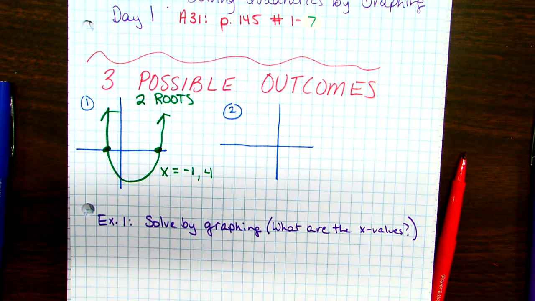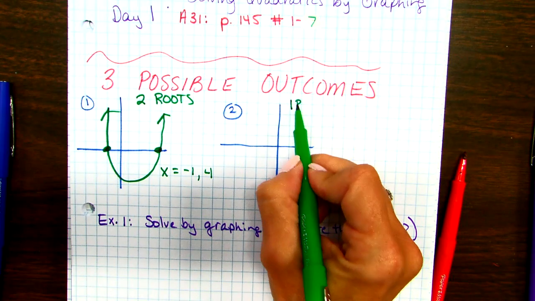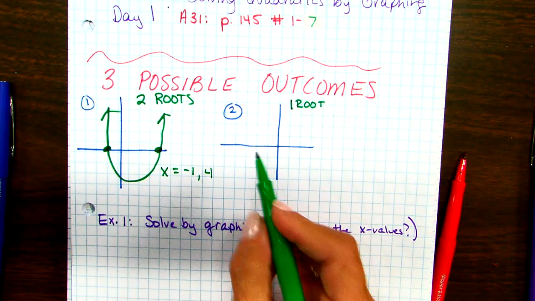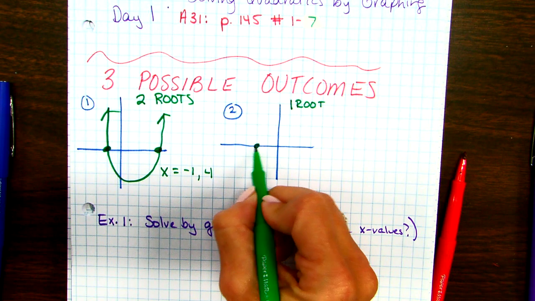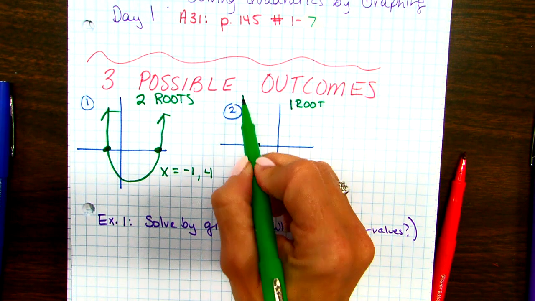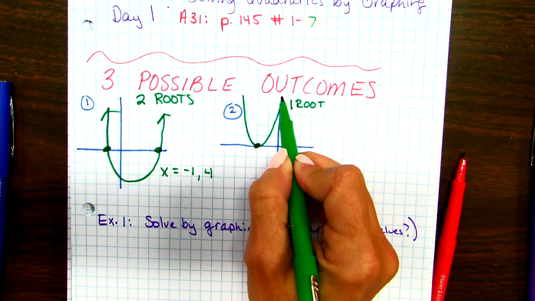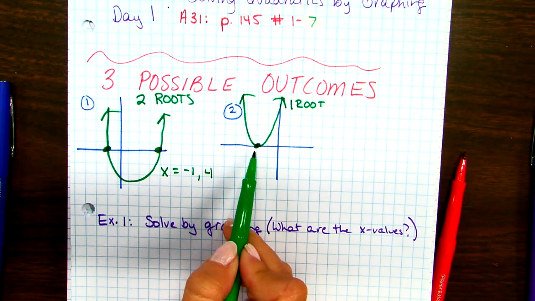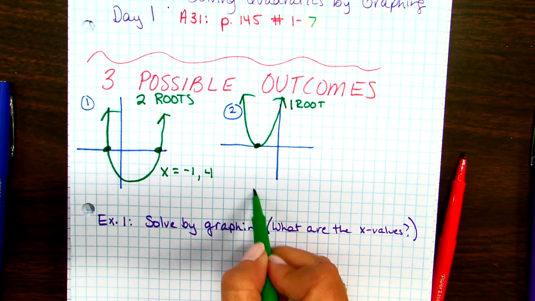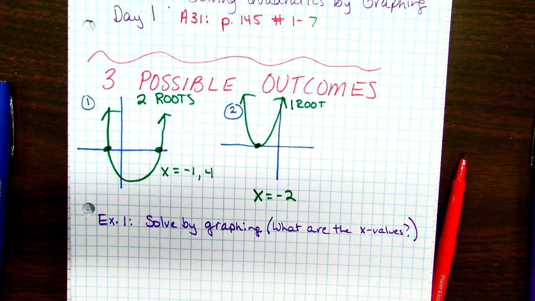So 1 root would be if I hit the x-axis just in 1 place, right? It's not hitting it twice. The solution here would be, on my graph, x equals -2. 1 solution hits the x-axis 1 time.